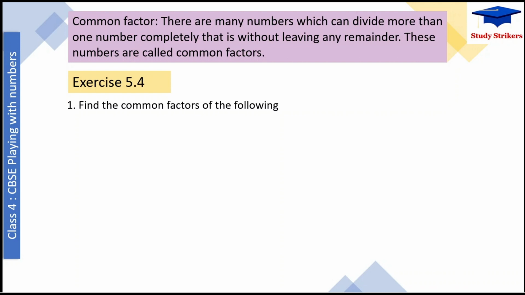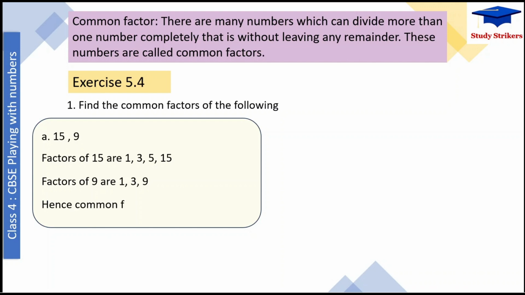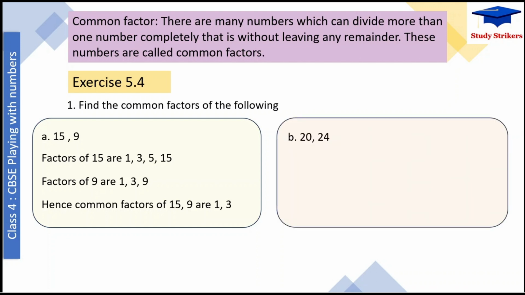So we have to find the common factors of the following: 15 and 9. Factors of 15 are 1, 3, 5, 15. Factors of 9 are 1, 3, 9. So their common factors are 1 and 3. Let's see the next one, 20 and 24.